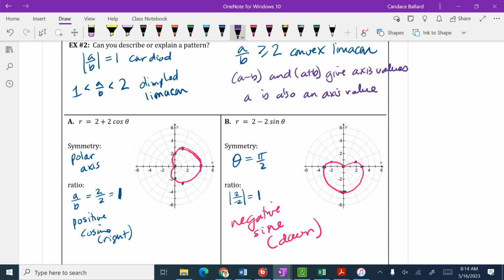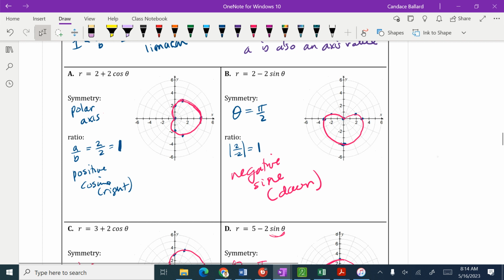Okay, so I'm going to go back and look at A minus B, A plus B. A minus B equals 0 on this one, right? Because A minus B would have been 2 minus 2. Do we agree? 2 minus 2 equals 0. Was that one of our values on our graph?